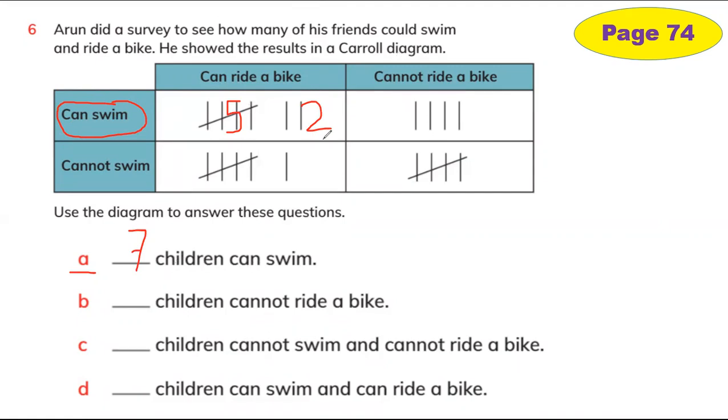And the second part is B. So look, how many children cannot ride a bike? Cannot ride a bike.